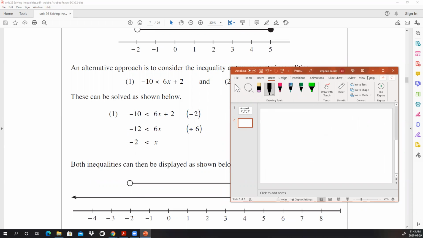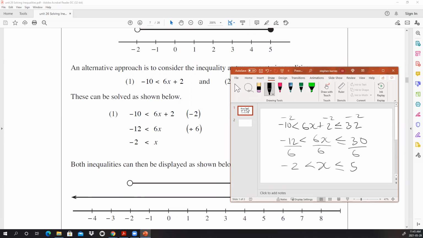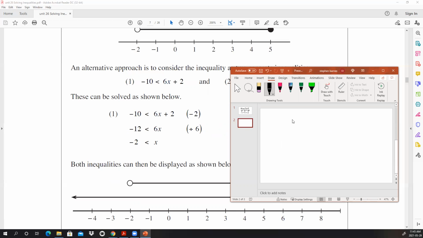So what they're saying is, let's go back. Let us make sure we have the right thing. So minus 10. You take this section here up to this inequality, the less than or equal to, and break it up in pieces, right?